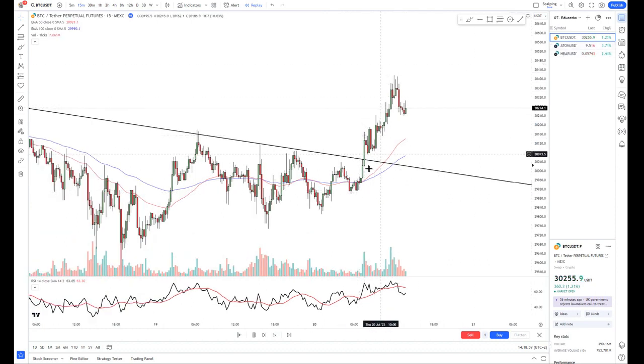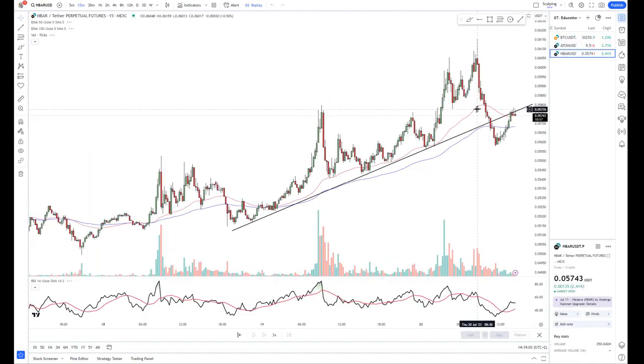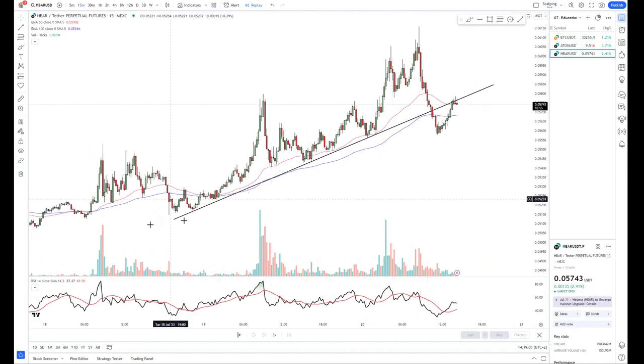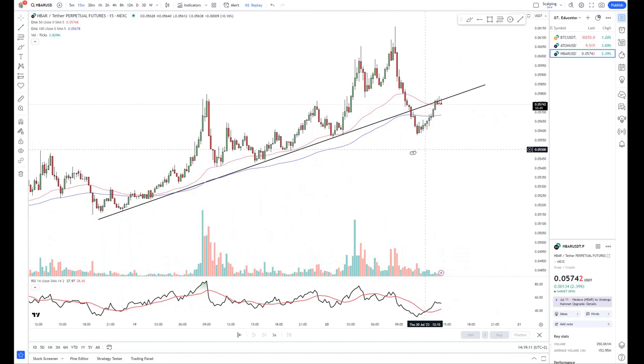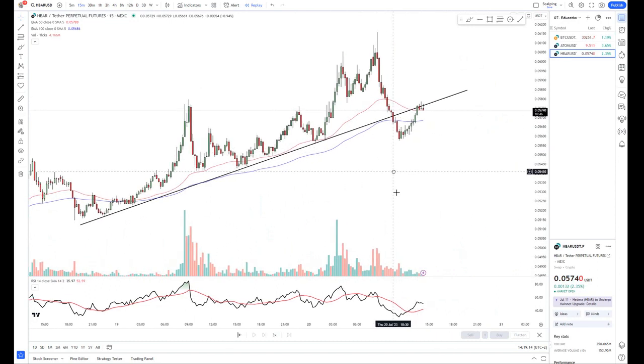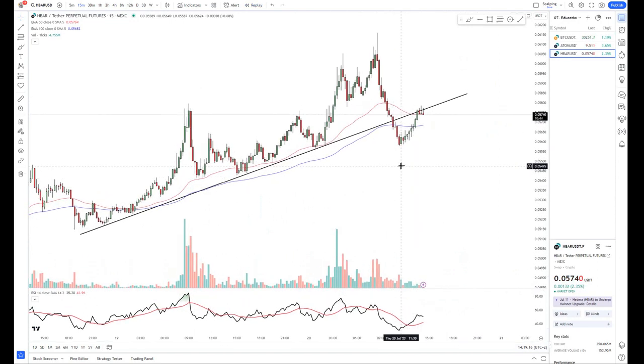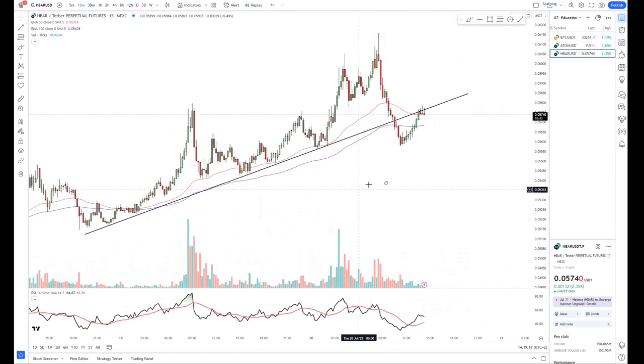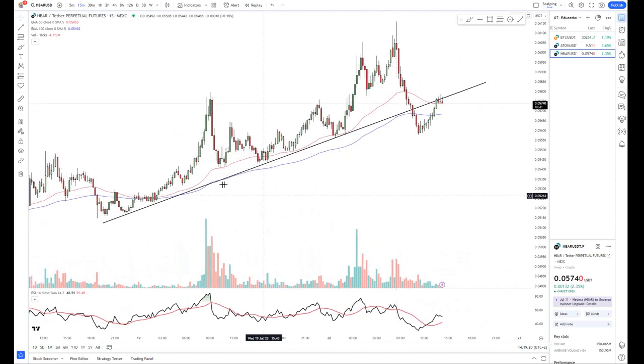So that's one example. I'll have another example here of a possible breakdown. You already see I have the trend line here drawn on the 15 minutes. This is live price action. So as you can see, you have a trend line here.